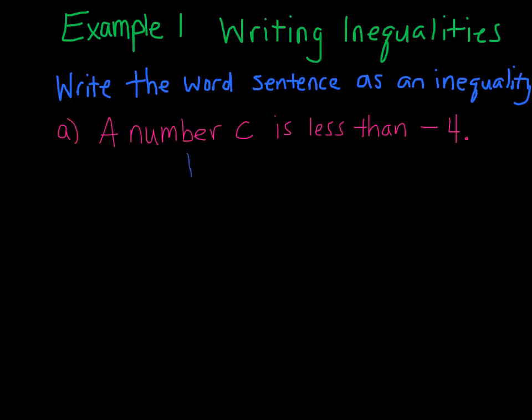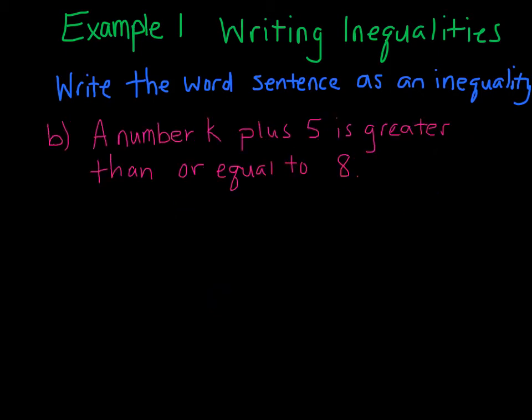First of all, a number C. Obviously, we all know that that equals C. Then we have is less than. We have to think about that. And looking back at our table where we find is less than, there's one choice. It's an inequality symbol that looks like this. Is less than, and then -4 doesn't change at all, so we leave it at -4. So an inequality would be C is less than -4. It's as simple as that.